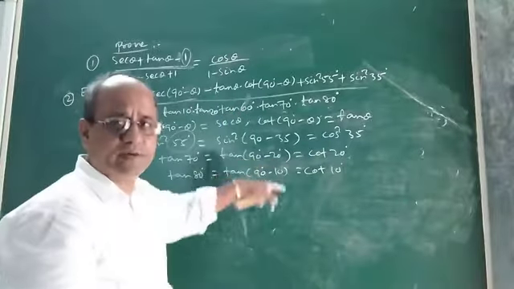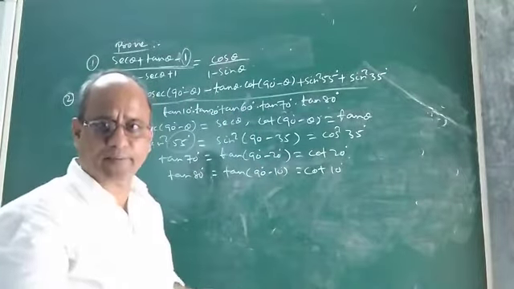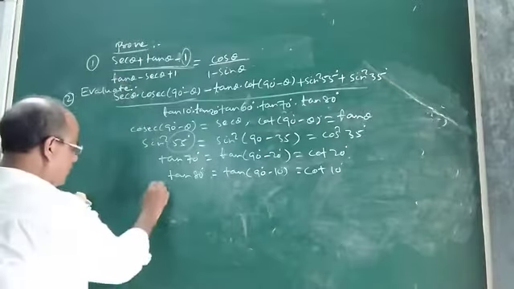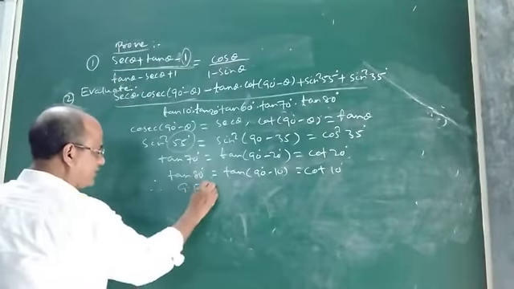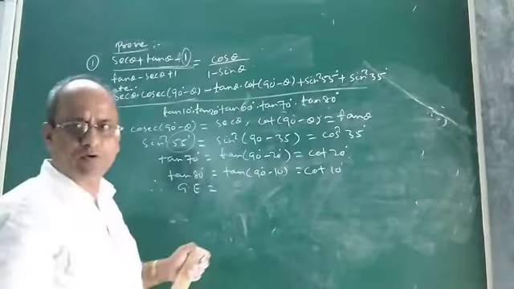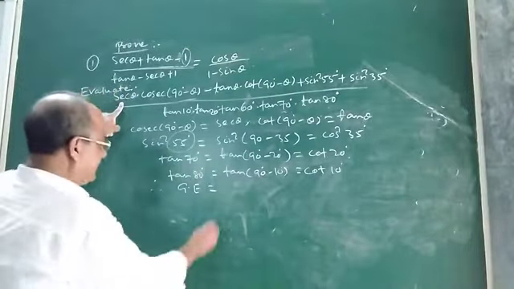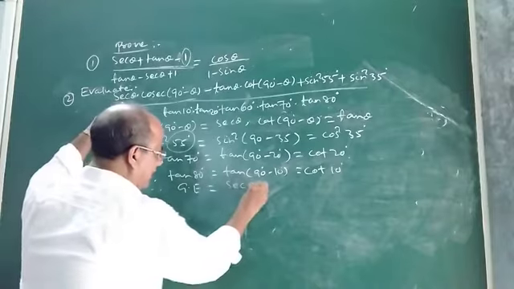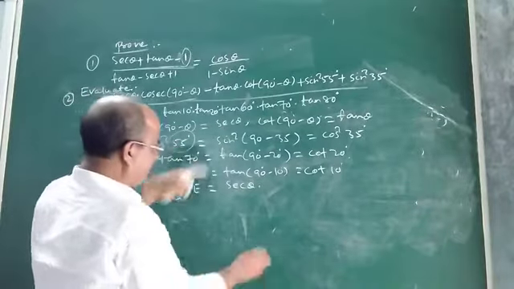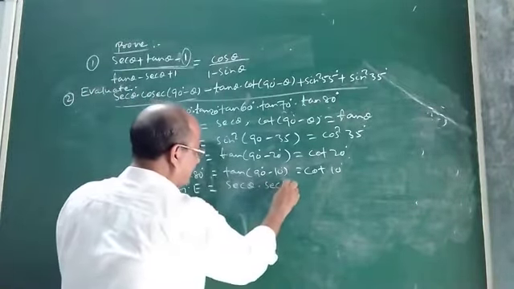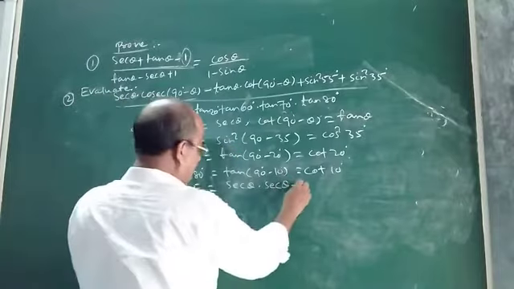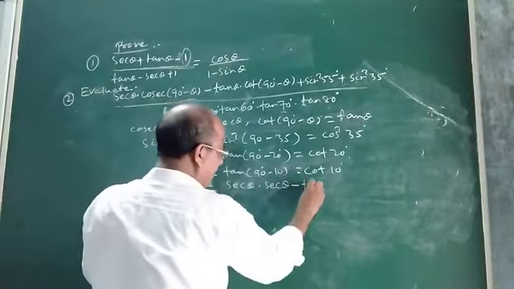Now let us substitute all these values in the given expression. Therefore, what will the given expression become on substituting these values? So this is sec theta into cosec 90 minus theta, which is sec theta. So you put here sec theta. Then minus tan theta.